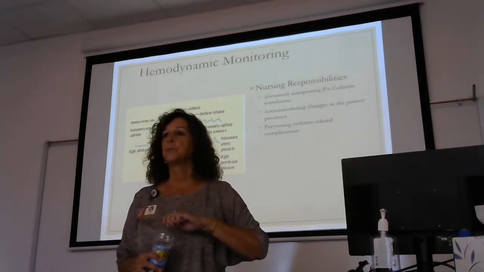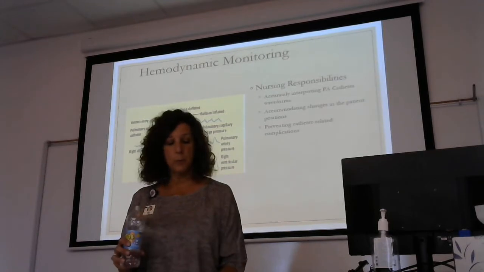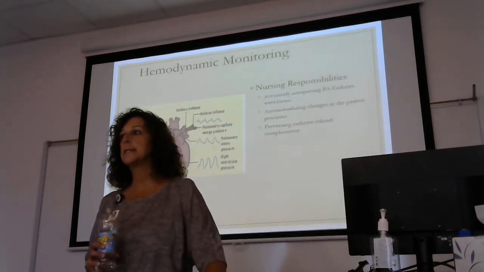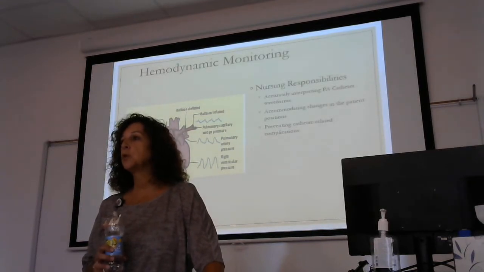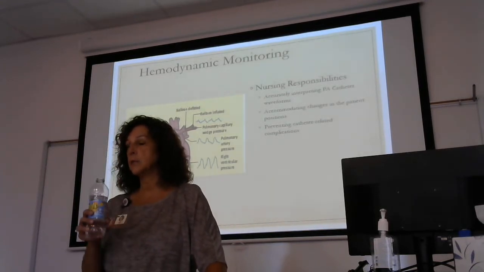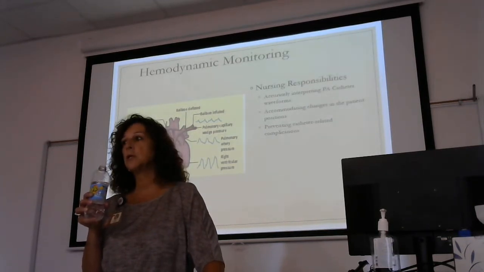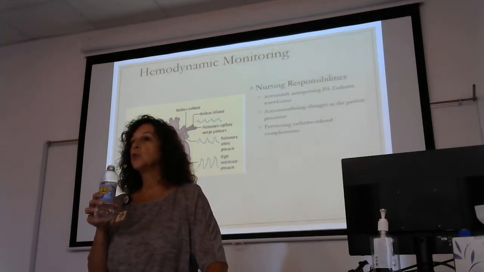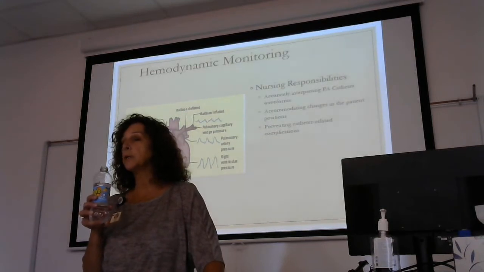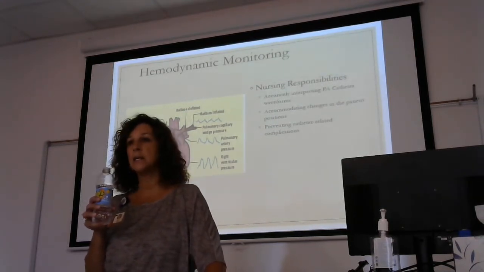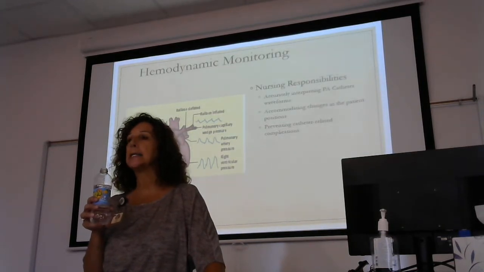Pulse ox, right? Now remember, when you're talking about oxygen saturation levels, it's not O2 stat. What happens when you tell a provider the O2 stat is at such and such? That's exactly what they might do, because what you're telling them in a matter of a moment is that you don't know what you're talking about. It's not O2 stat, it is O2 what? Sat.